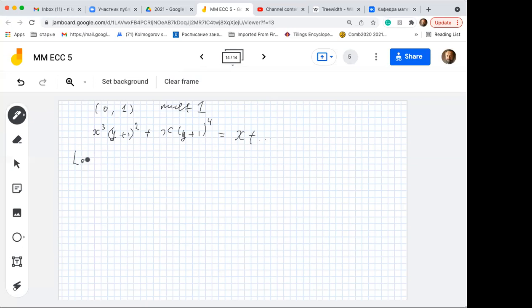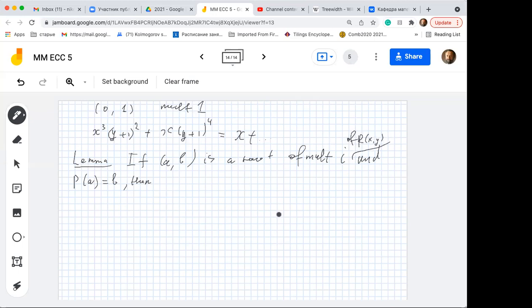And also we will need a lemma saying that if (a, b) is a root of multiplicity i of a polynomial, and P of a is equal to b, that means that the pair (a, b) lies on the graph of a polynomial P, then, say we call the polynomial R of x, y.